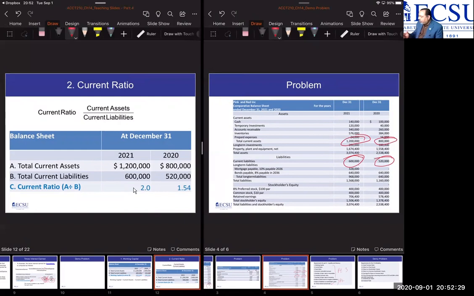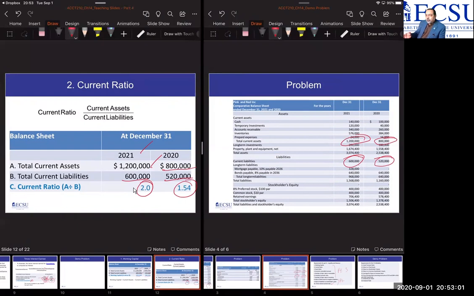Here we have the current assets, the same 1,200,000 and 800,000, and then 600,000 and 520,000. If you divide the two, you get 2.0 for 2021 and 1.54 for 2020. So as compared to 2020, we are doing better in the current ratio in 2021.